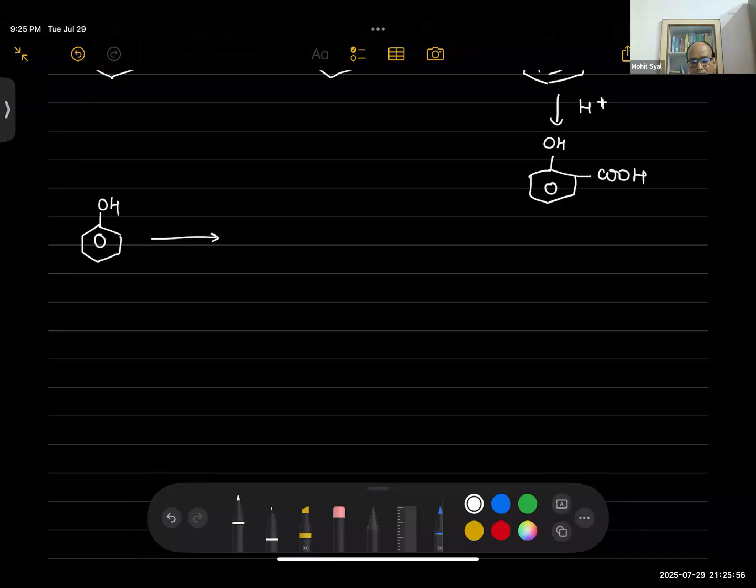First, you need to convert the phenol to salicylic acid by reacting with NaOH, CO2, followed by acidification with H plus. Got it? So you will have the COOH, right?